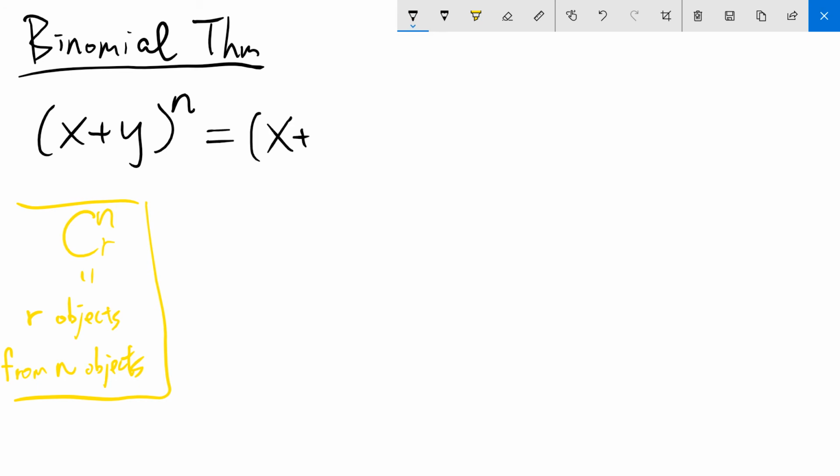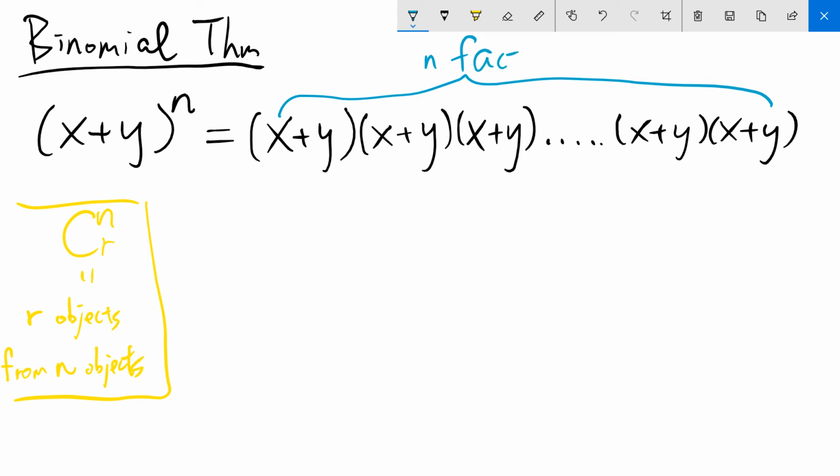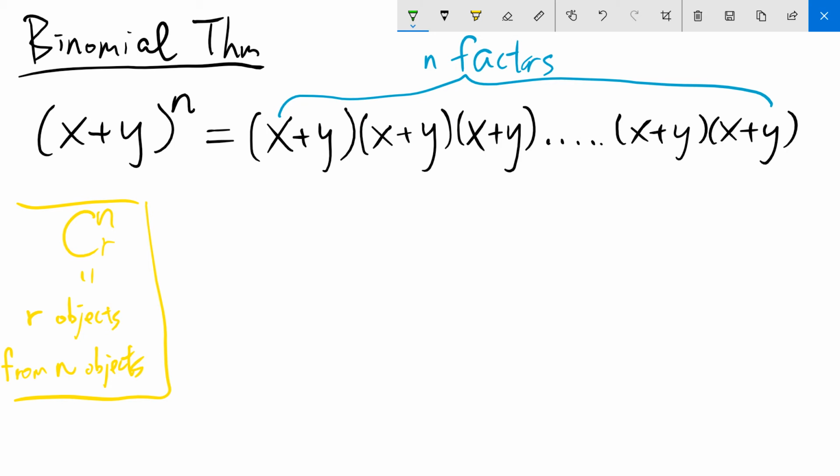First, I write down n factors separately: x plus y times x plus y times x plus y, and so on, times x plus y. So here we have totally n factors. To expand it, we have to choose one term out of two terms in each factor.